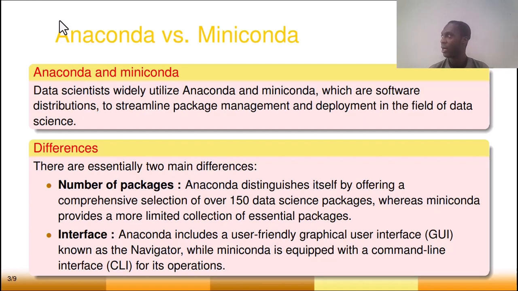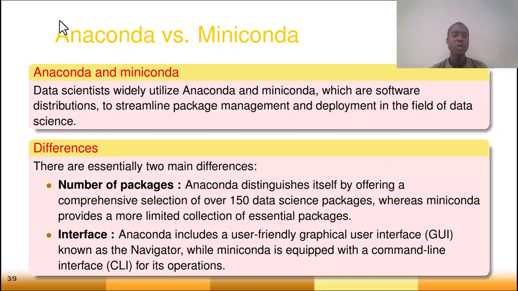Anaconda and Miniconda are utilized widely by data scientists because it's a software distribution that allows programmers to streamline their packages, to manage the necessary tools for a particular project, and it's also easy for them to deploy their code to any areas of application they want to use it for.